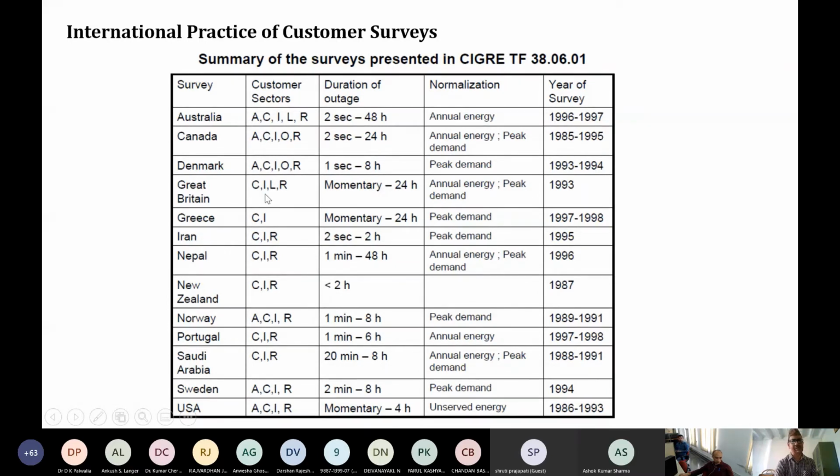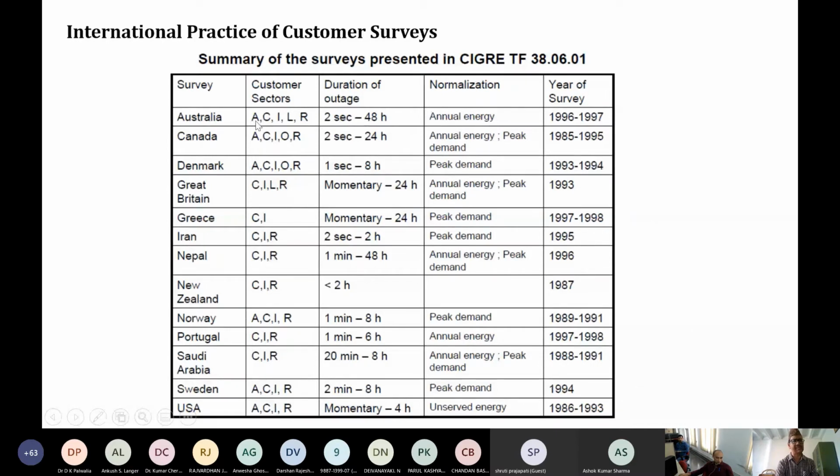where these customer surveys were carried out, in which year, you can see this being carried out in Australia, Canada, Denmark, Great Britain.